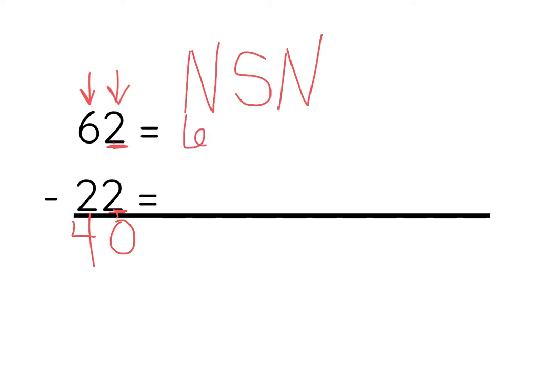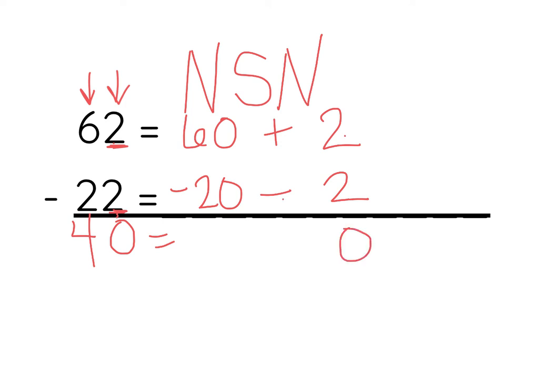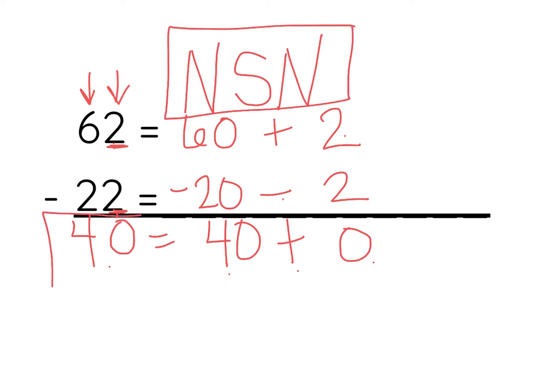Now, if you wanted to write it out and expand it and do 60 plus 2 and minus 20 minus 2, you can. 2 minus 2 equals 0. 60 minus 20 equals 40. 40 plus 0 equals 40. Or right from the start, you could write the answer and write NSN, and that shows your thinking.